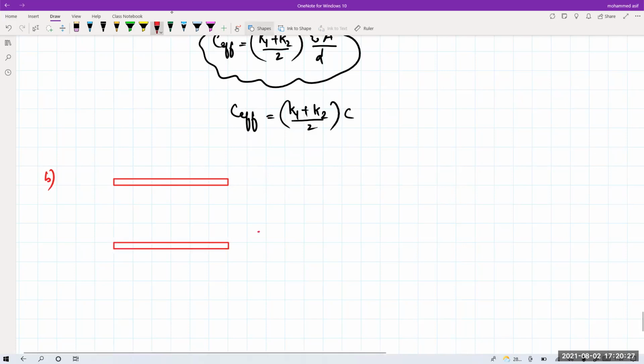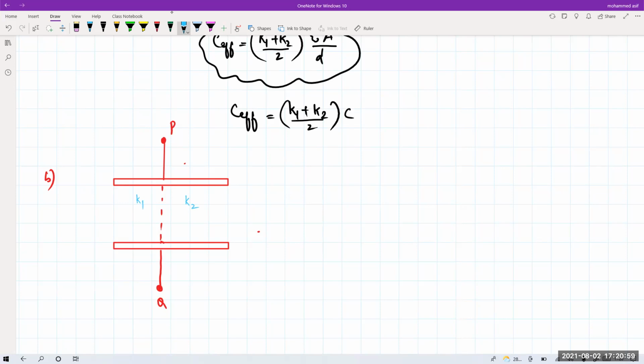This is terminal P, and this is terminal Q. Somewhere at the center there is a dielectric K2, and this is dielectric K1.